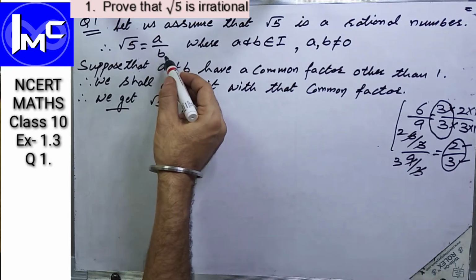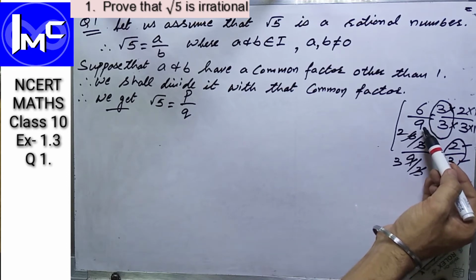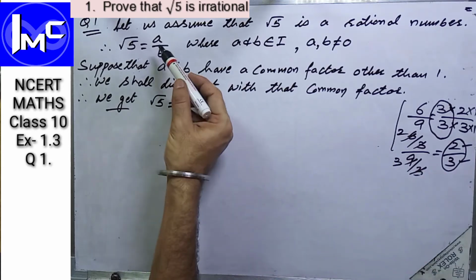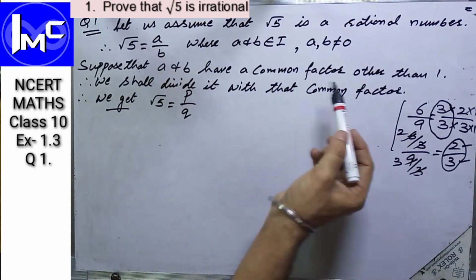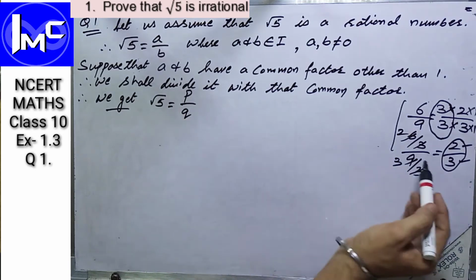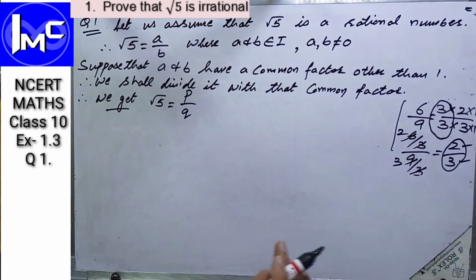But a and b have common factor. In the same way, we can say 6 and 9 have common factor, and 2 and 3 have no common factor. We have divided a and b with that common factor, and we get p over q, that is 2 by 3. This is just an example.